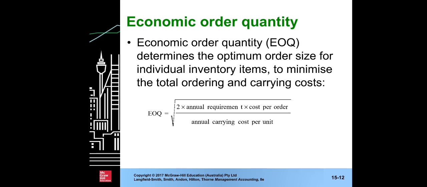So economic order quantity is a formula that you can use to calculate when it is time to reorder the inventory.